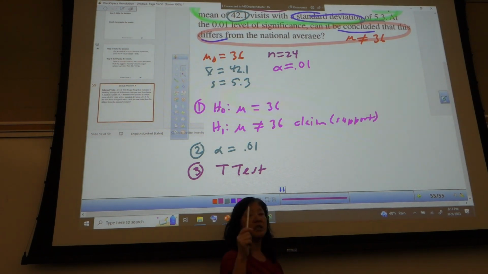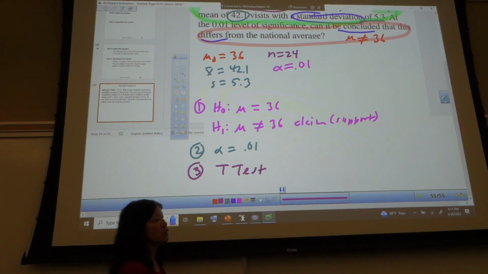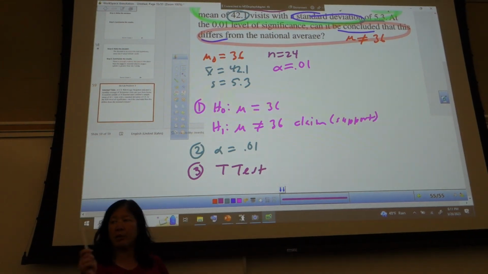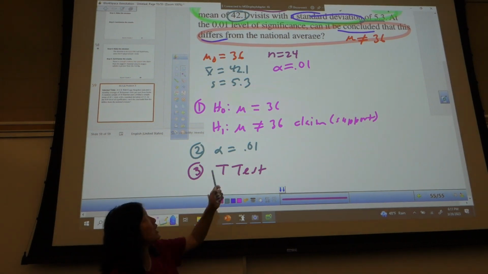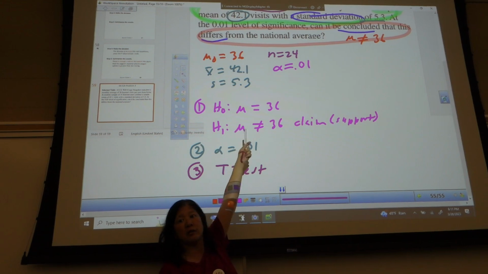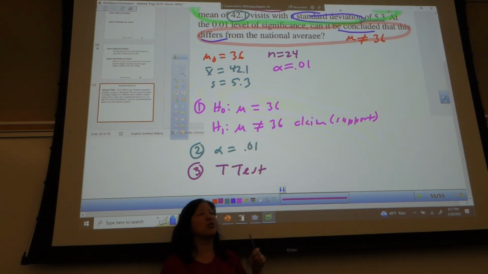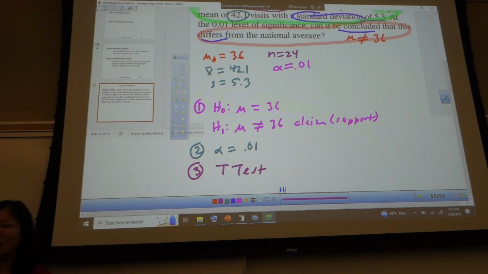Because my claim is that I'm different, my claim is H1. Thanks for catching that. Did people catch that? If my claim was that I'm the same as the national average, then my claim would be H naught. So it doesn't have to do with whether H1 is not equal to. It has to do with which one's my claim. That's why people get confused sometimes. Thank you for pointing that out.